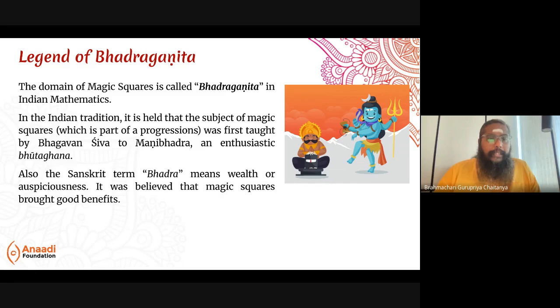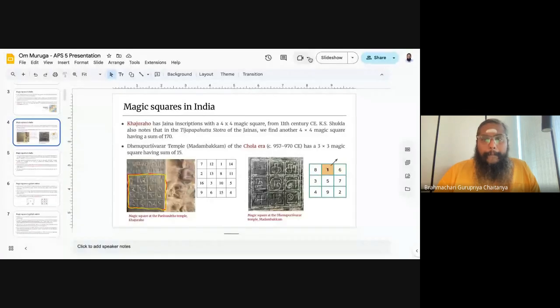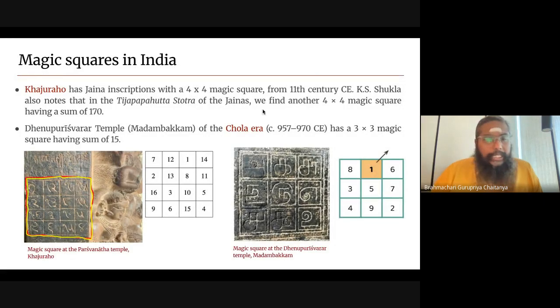I can even try and show you a few. See, if you go to the Khajuraho temple, the Parshvanatha temple, you will see this 4x4 magic square.